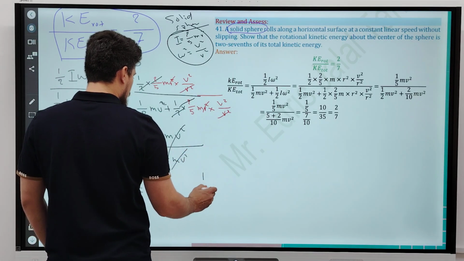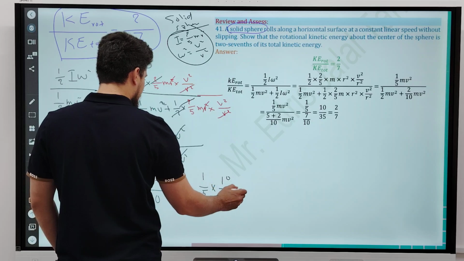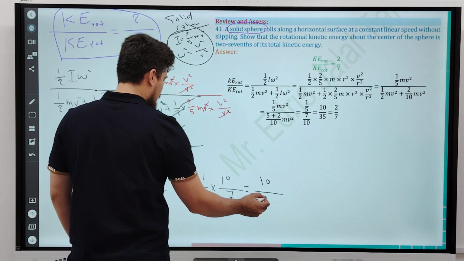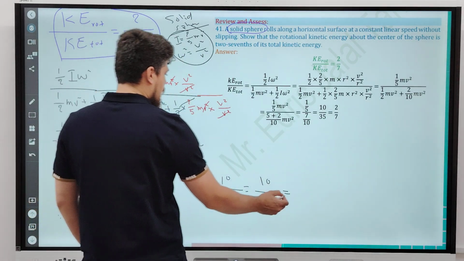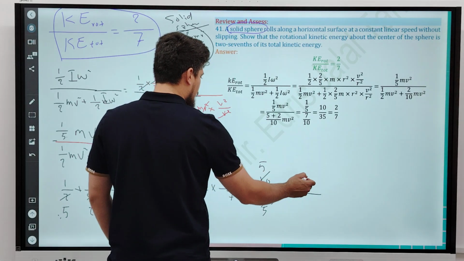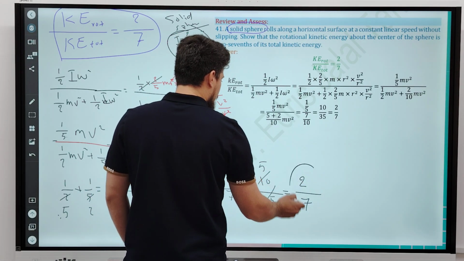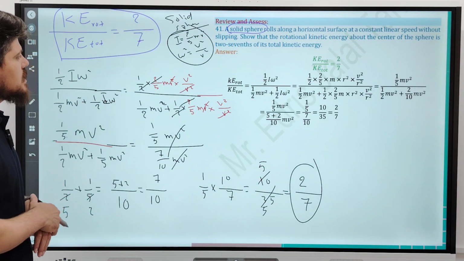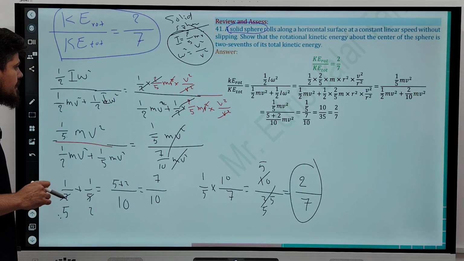What does remain? 1/5 times 10/7, 1 times 10 is 10, 5 times 7 is 35. Both divided by 5: 10 divided by 5 is 2, 35 divided by 5 is 7. 2/7, the ratio of rotational kinetic energy to total kinetic energy. Okay?